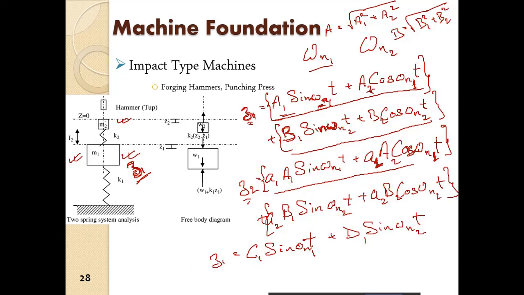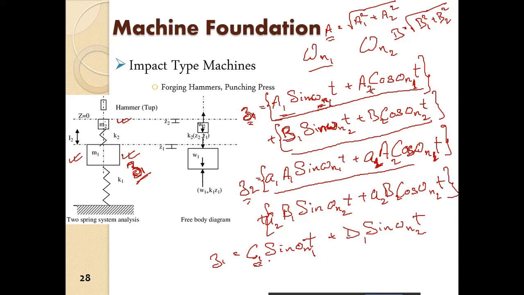Here C1 will be equal to A, but we have to introduce one phase, so plus or minus alpha in this case, if we directly equate this to this one.